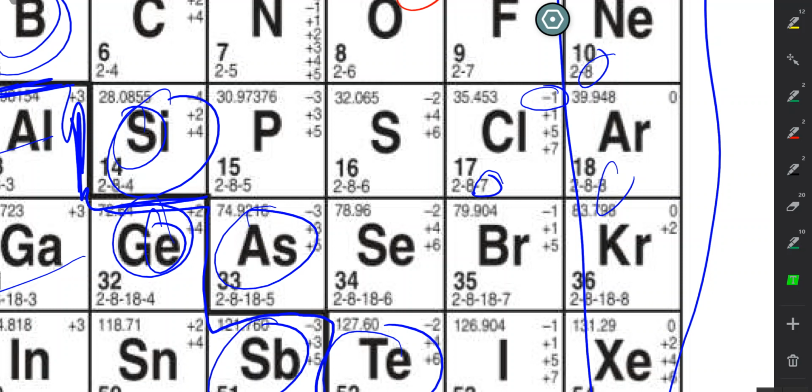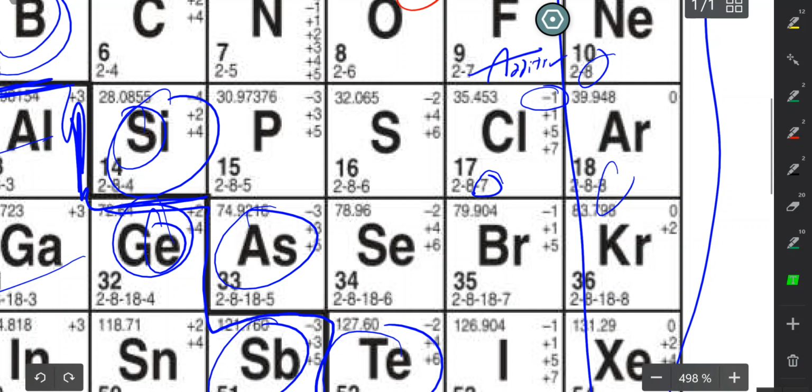In other words, chlorine is going to have an additional electron to achieve chemical stability. You see this? 7 valence electrons it already has. If it gets 1 more additional electron, negative electrons are negative, so when you gain a negative charge, you gain an electron. So -1 means you're having an extra electron. You get 1 more electron here, chlorine will be chemically stable.